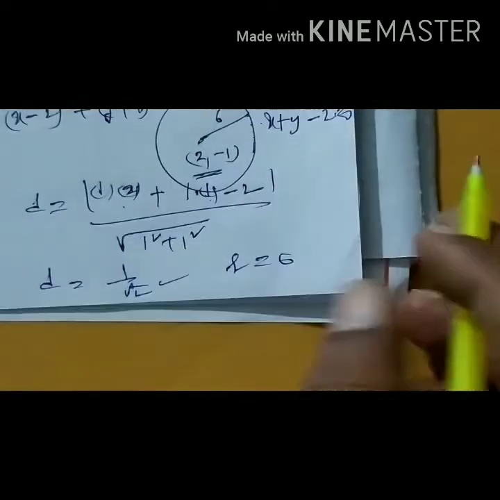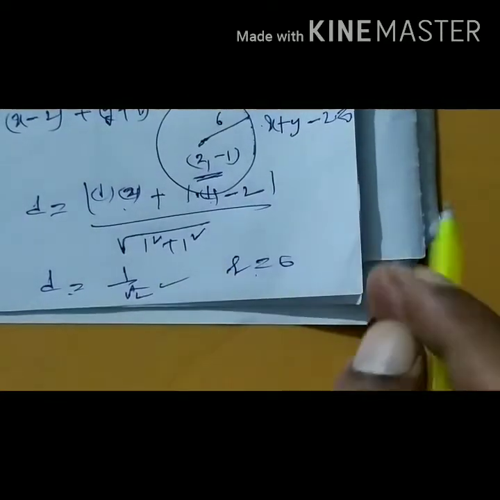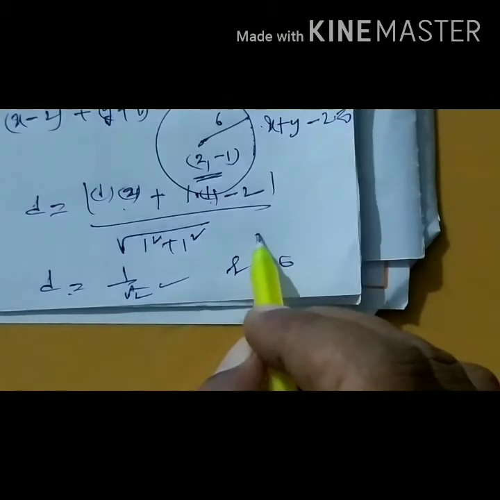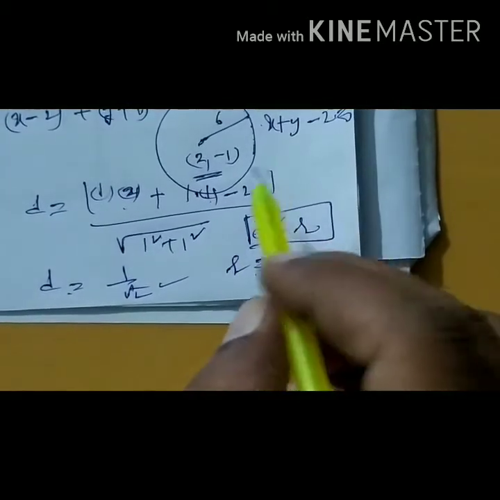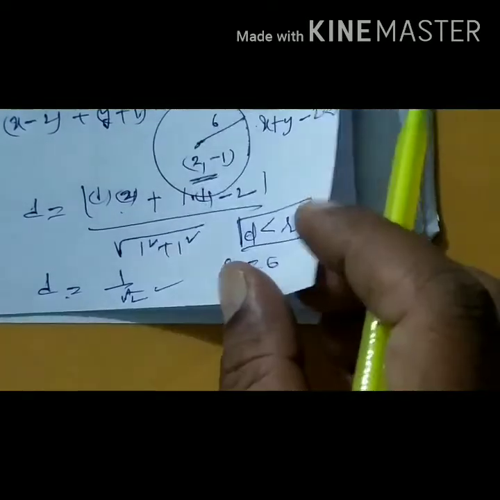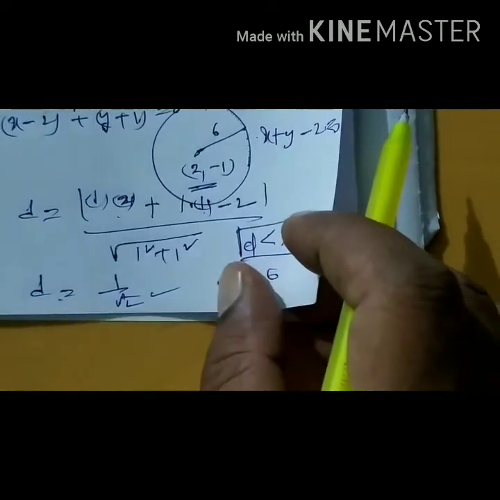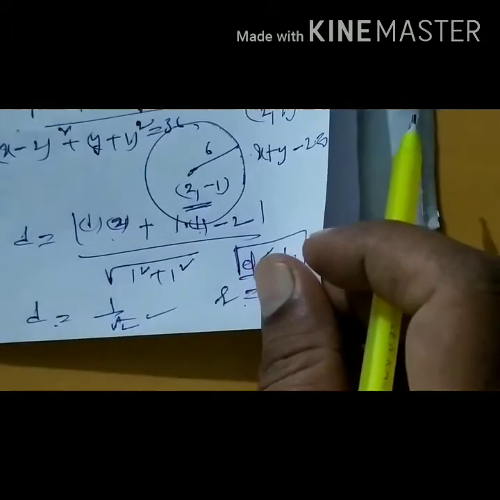So clearly d is less than the radius. Whenever the perpendicular distance is less than the radius, the line intersects the circle in two distinct points. Now we find the length of the chord.